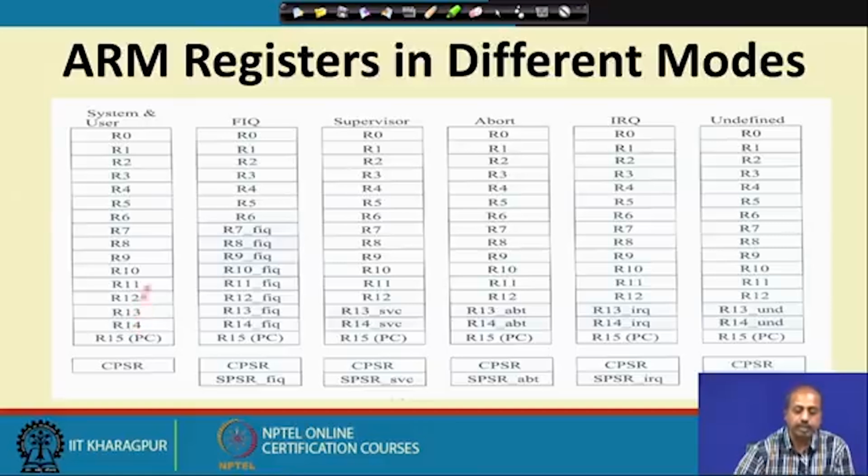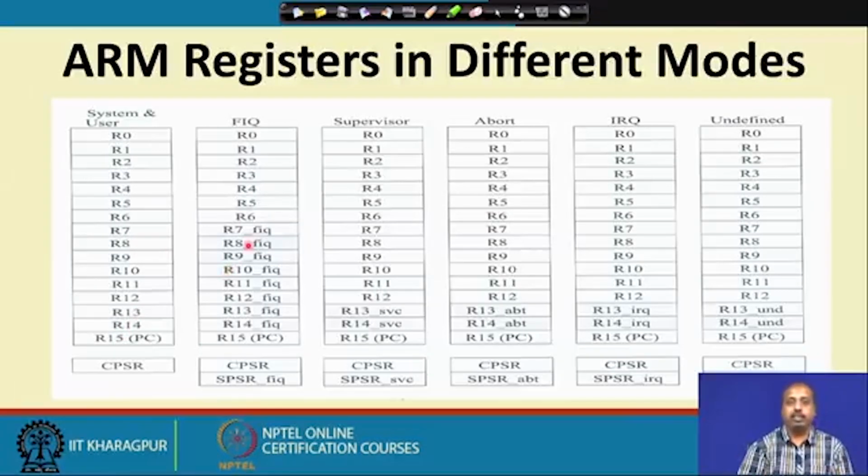Now, if you look into the FIQ mode, you have got the registers R0 through R6. These are the same as your user mode registers R0 through R6, but R7 to R14 are new registers, not the same as the ones you have here.